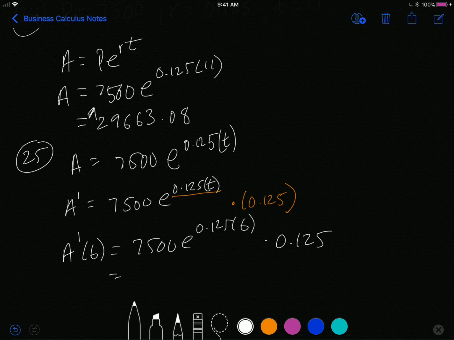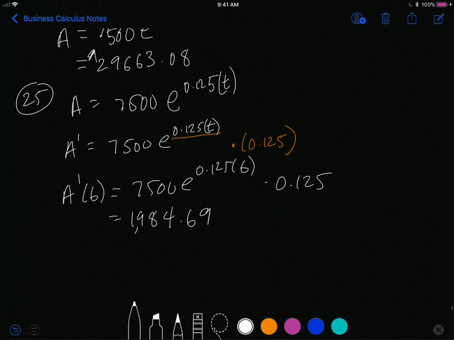And I get it's growing at a rate of approximately $1,984.69. During the 6th year, that's approximately how much money will go into my account. About almost $2,000 for that 1 year of savings. Of course, that will change each year as you go on growing your money.